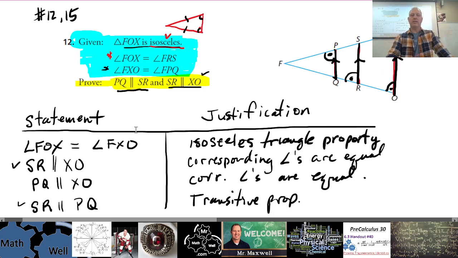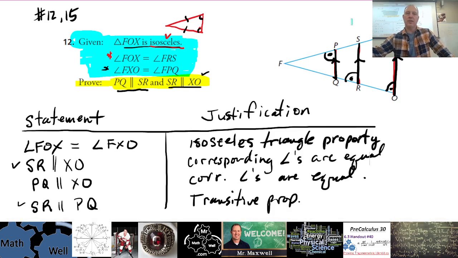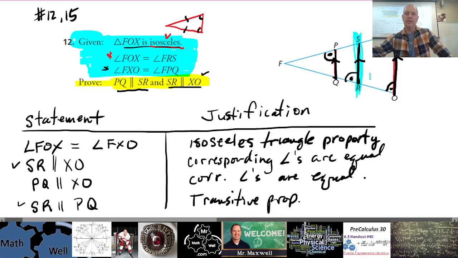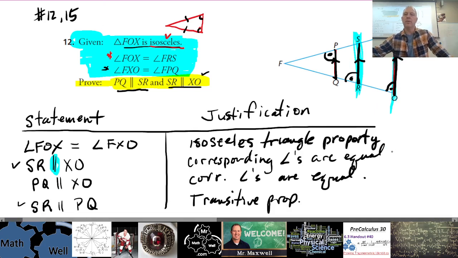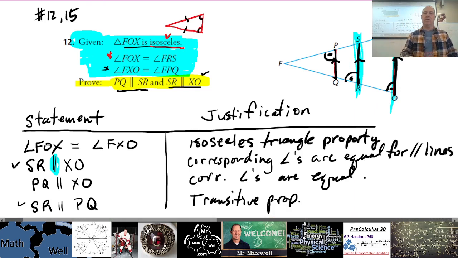Therefore, now I can say that this line, SR, right here, and XO are parallel because corresponding angles are equal for parallel lines. That would be a great justification right there.